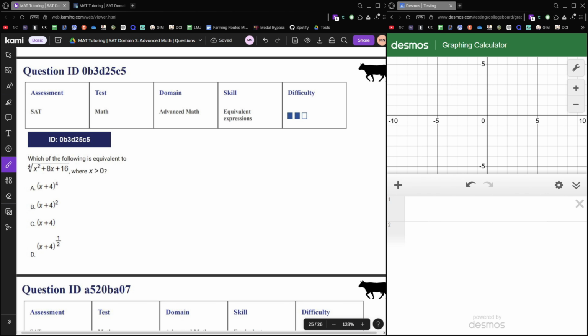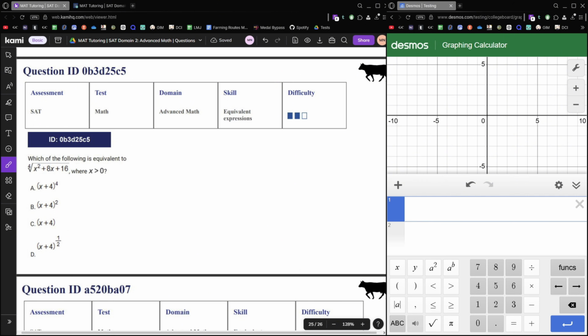Slide number 25. They give us an expression and want us to find an equivalent one. Let's go ahead and plug in the one they gave us into Desmos. Alright, real quick. You'll notice that it's going to be the quartic root, or the fourth root of that little quadratic right there. And the way you want to type that is by typing NTH and then root, and then you can type in 4 in that spot and the rest of your expression here.